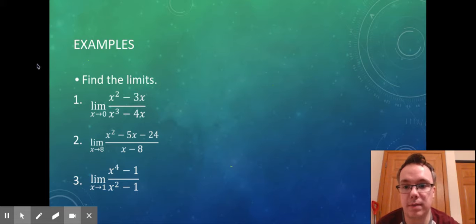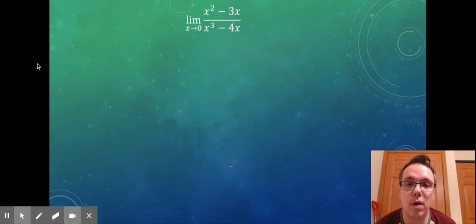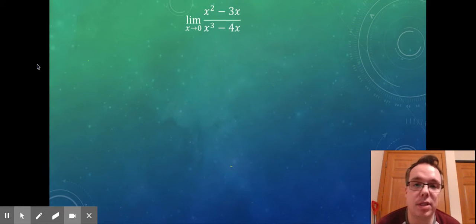All right. So that first example was the limit as x approaches 0 of x squared minus 3x over x cubed minus 4x. And the first thing you should always do is check to see if you plug in that number, what your denominator would be, because if it's not 0, you can just continue to plug in that number. So if I plug in a 0, I'll get 0 minus 0, which does get me 0 on the bottom.